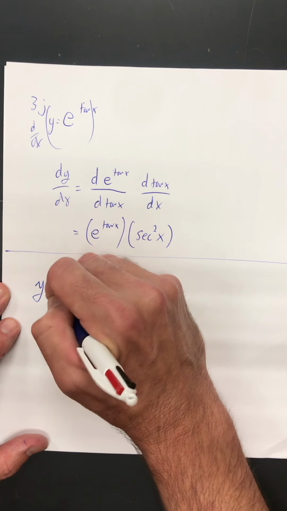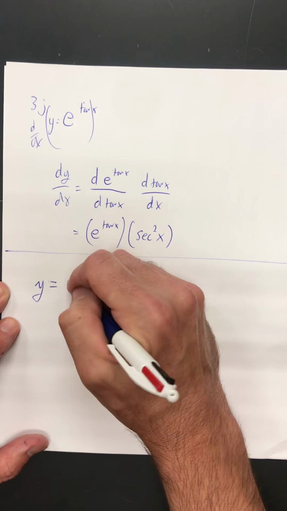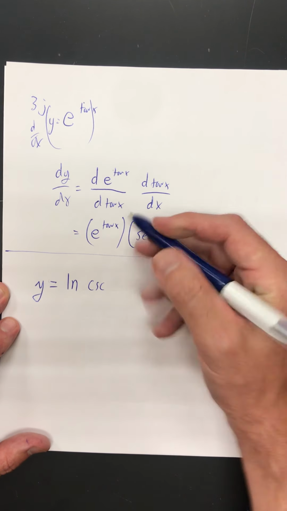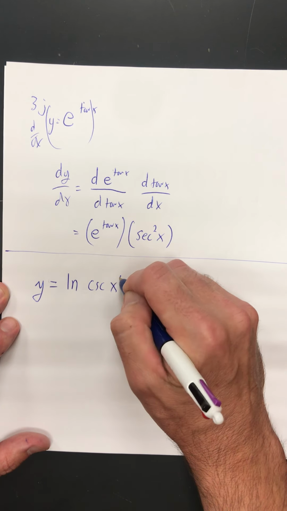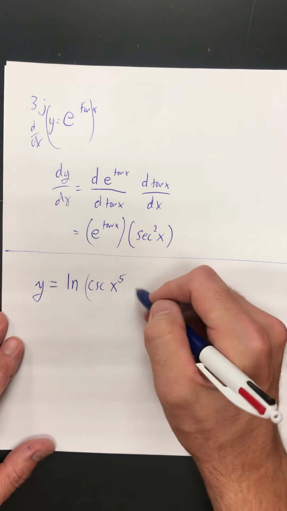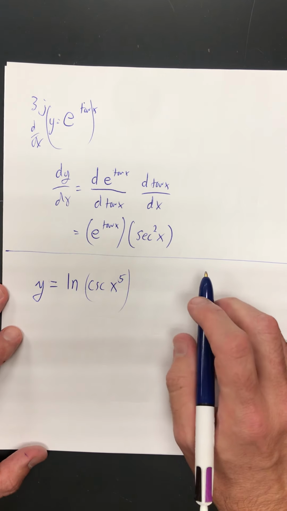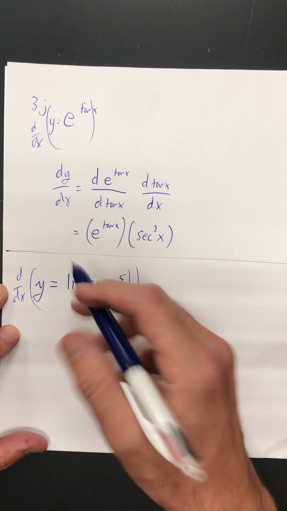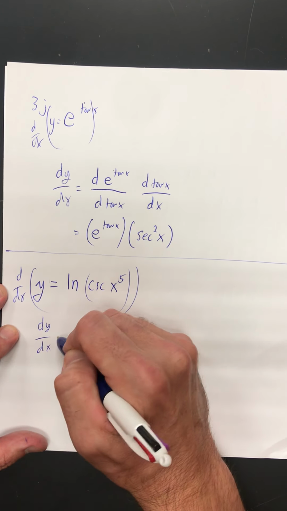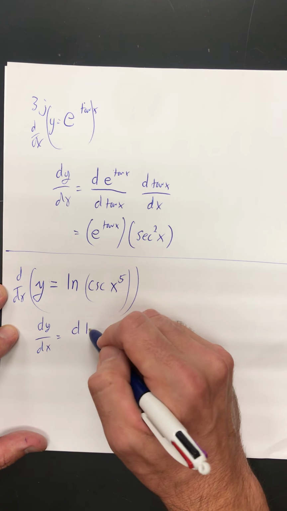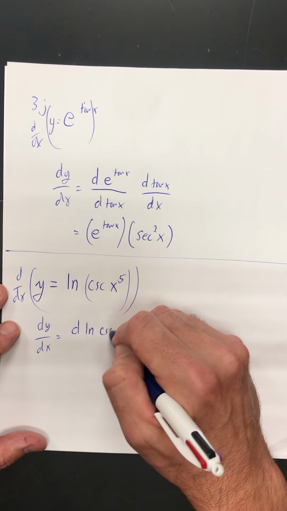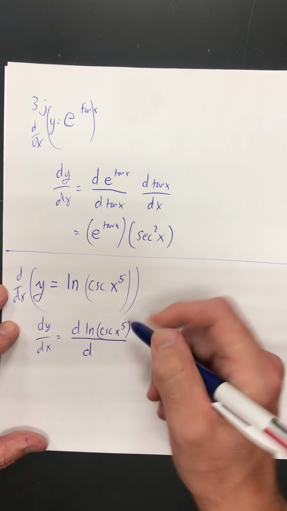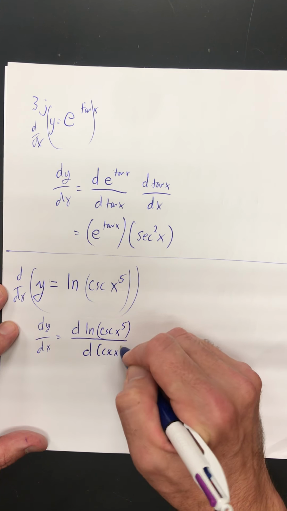So let's say y is equal to the natural log of cosecant of x to the 5th or something like that. All right, cool. So here we go. I'm going to take the derivative of this, d dx, and that's going to equal dy dx is equal to d ln of cosecant of x to the 5th over the derivative of cosecant x to the 5th.